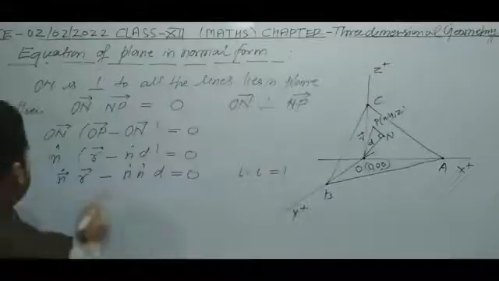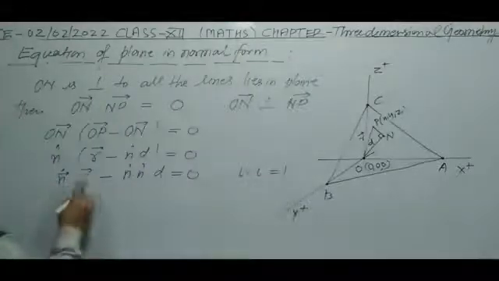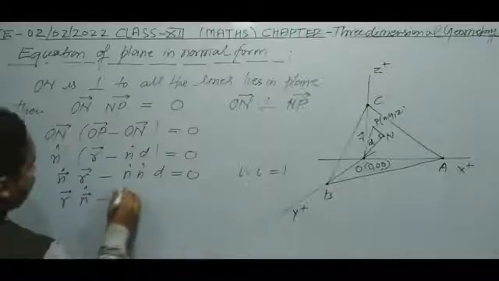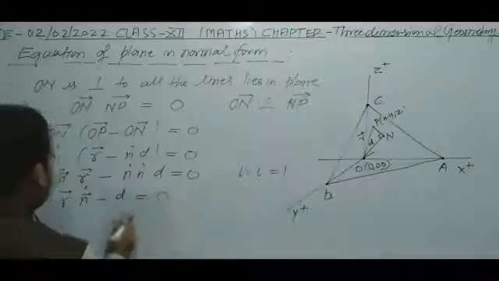So this result will be 1. So this one, commutative property with respect to multiplication or dot product, verify. So R vector dot a unit vector N minus this result will be D is equal to 0.